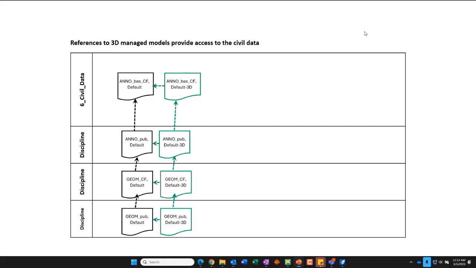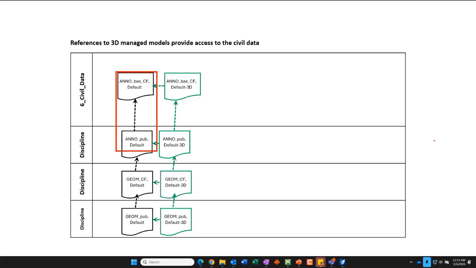Now, down in the discipline folders, you will see other published files that also have this managed 3D model. And what we tend to do in the container files is we attach to the published file of the same type. So if I've got an annotation container file, you will see it has a bunch of reference attachments to annotation published files.